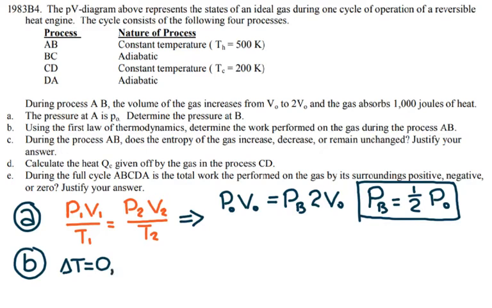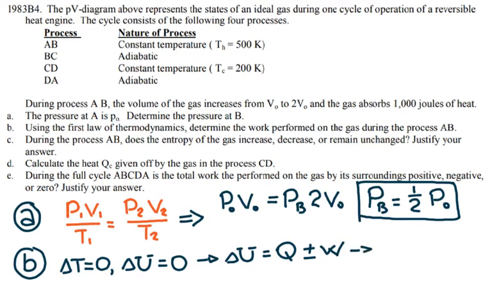If the temperature doesn't change, so does the internal energy of the gas does not change. So from the formula, we have the internal energy of the gas is equal to the heat added into the system plus the work, or minus the work done on the system or by the system.